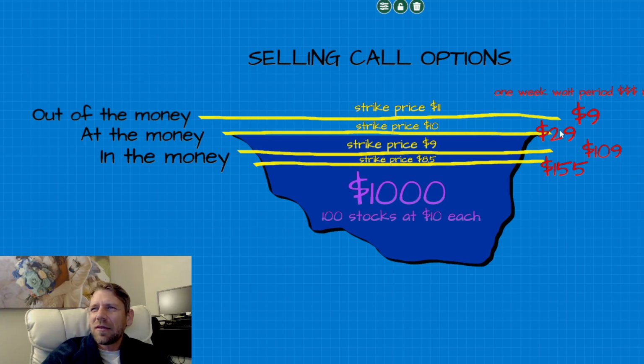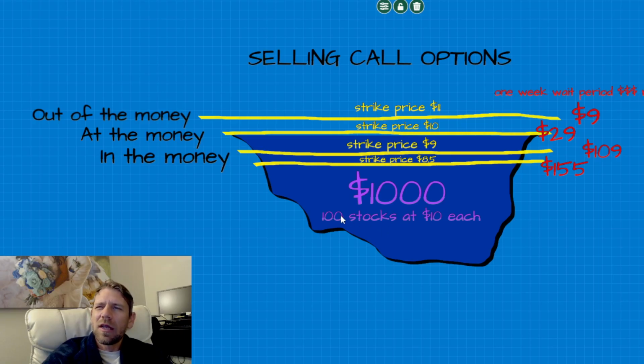So I'm going to receive $29 if I sell one call option using this $1,000 of collateral, my 100 shares of whatever stock. I cannot sell these 100 shares until next week. I can't do anything. They're locked away. Your broker is going to take them, put them in a lockbox, and they're out of your control at this point.